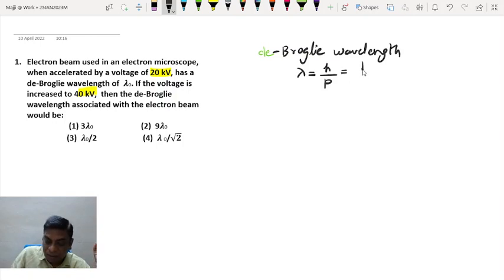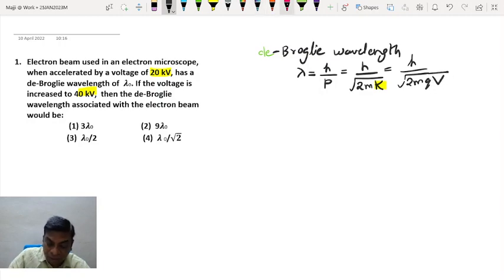So in that case, we can convert this momentum into kinetic energy, and momentum is under root 2mK. Further, the kinetic energy gained can be written as charge multiplied by accelerating voltage.